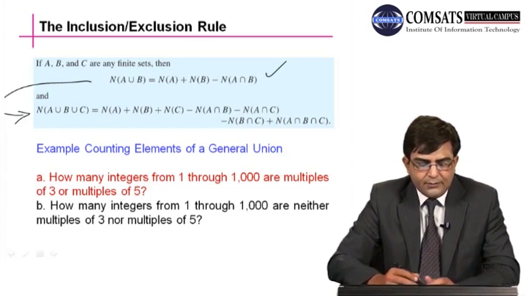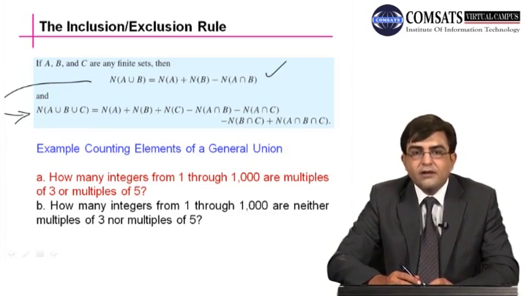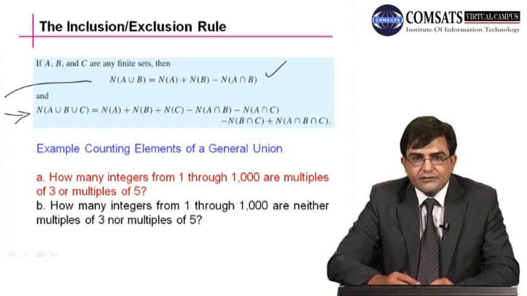Now, for example, if we are given: how many integers from 1 through 1000 are multiple of 3 or multiple of 5? So we have to calculate all those integers from 1 to 1000 which are multiple of 3 or multiple of 5.